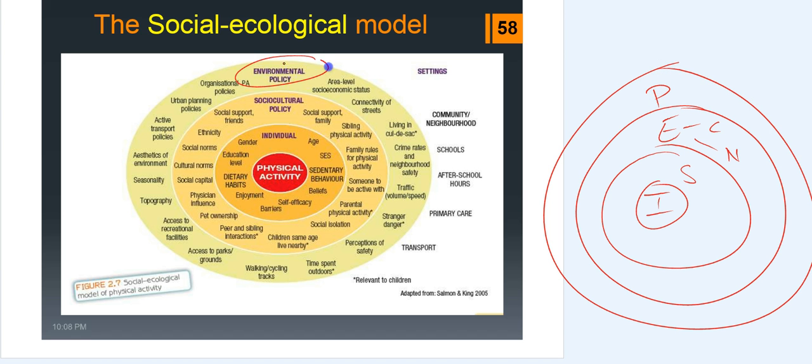So here they confuse it a little bit through socio-cultural policy and environmental policy, but what it does give is some nice ideas as to what could be used as examples within ours. And again, they've put their settings around the outside as well.